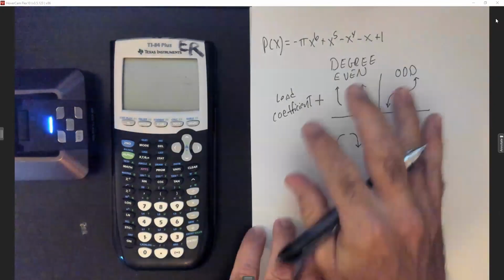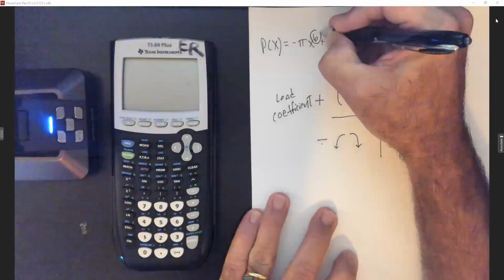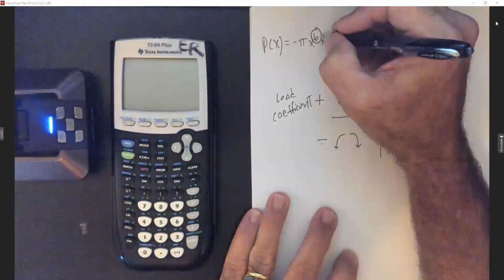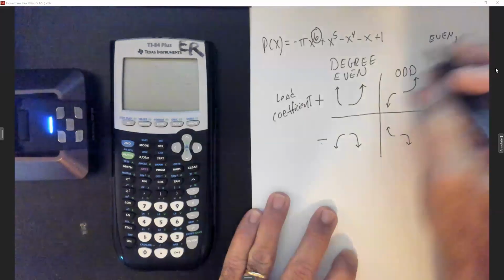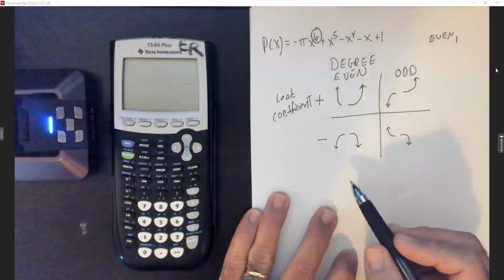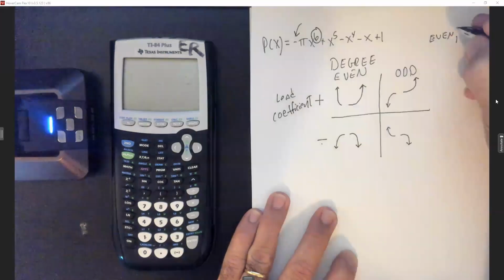So what you do, you got to look at your degree first. The degree is the largest exponent. So this one has a degree of 6, so it's an even degree. Then you look at the lead coefficient, which is the number in the front. Is the number positive or negative? Well, mine is negative.